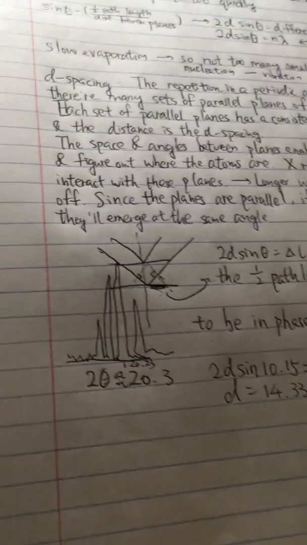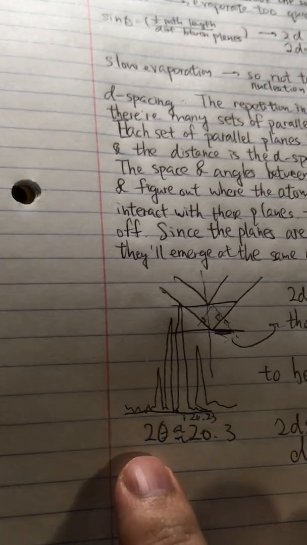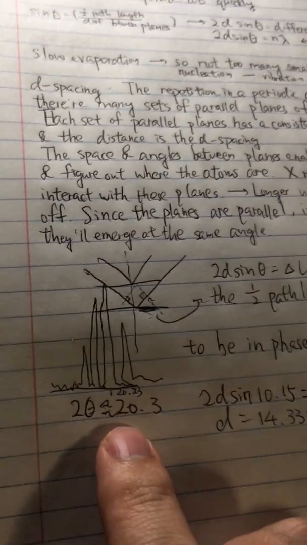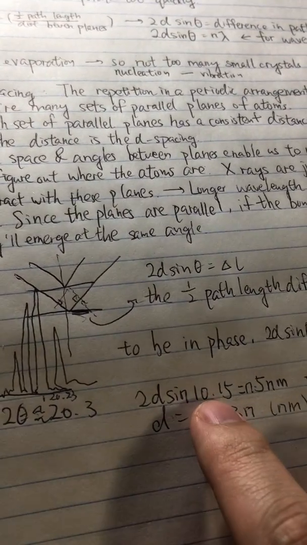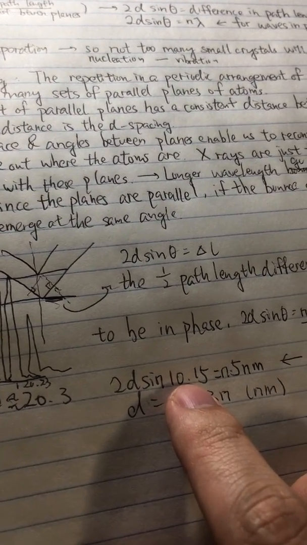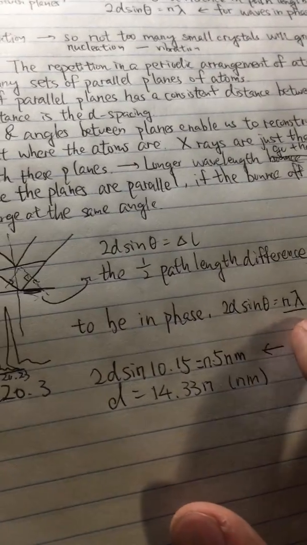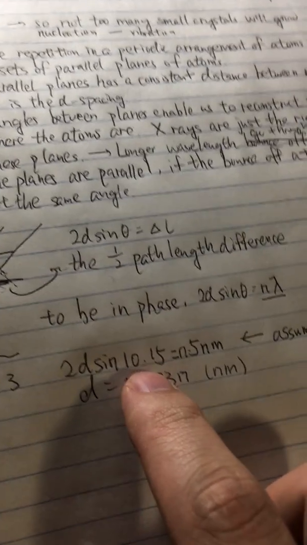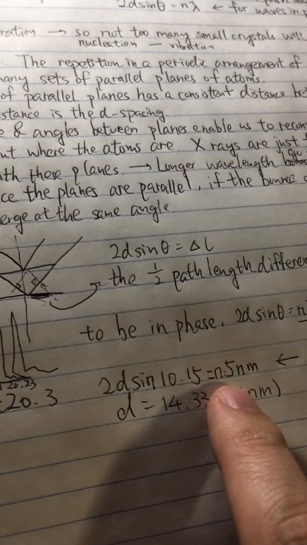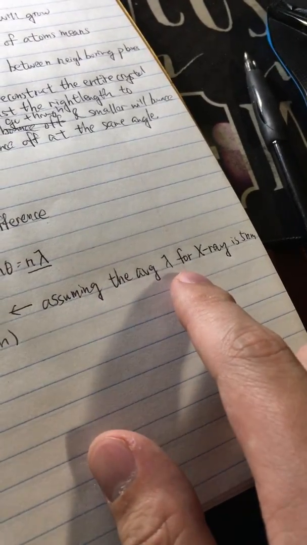So the calculation for the alum crystal is that 2 theta is at its peak at about 20.3 degrees, so the angle theta would be 10.15 degrees. Using the equation 2d sin theta equals n times lambda, 2d sin 10.15 equals n times 5 nanometers, assuming the average wavelength for X-ray is 5 nanometers in this case.